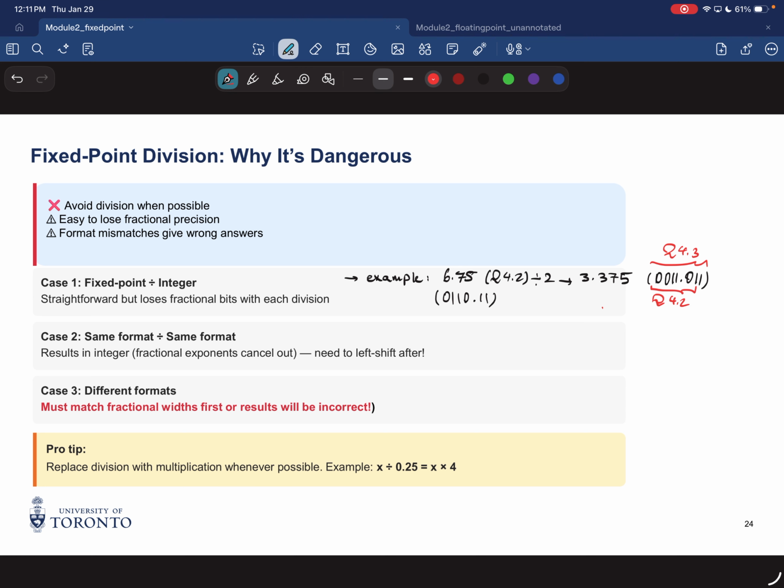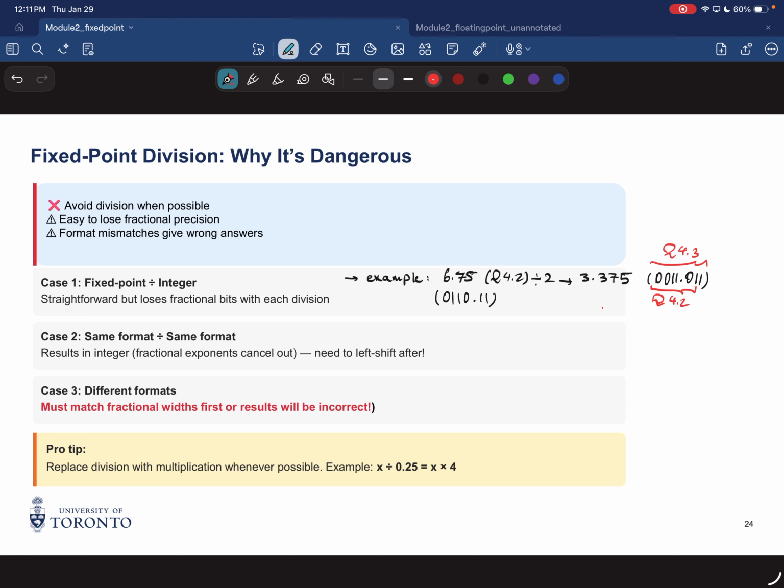The only thing you have to notice is that you might lose fractional points. For example, let's divide 6.75 in UQ 4.2 by 2. So the result is going to be 3.375. And now you can see that in order to store 3.375, I would actually need 3 fractional bits.